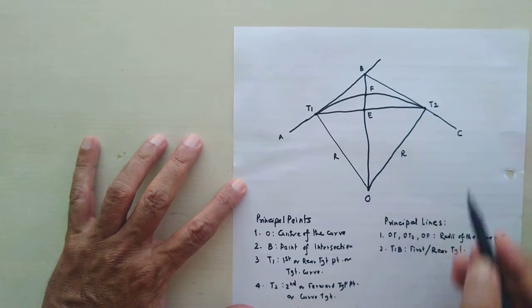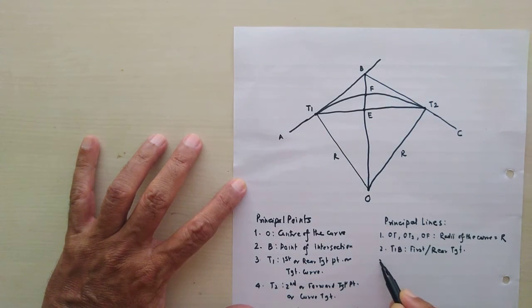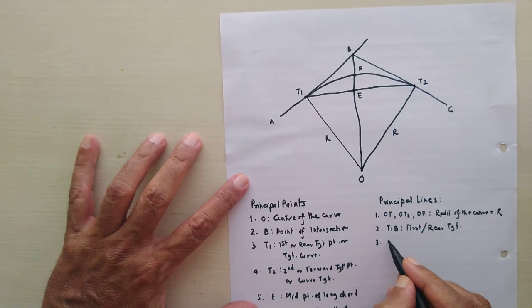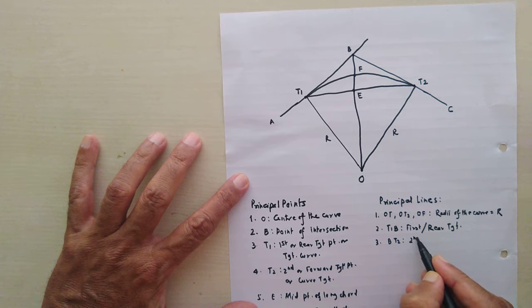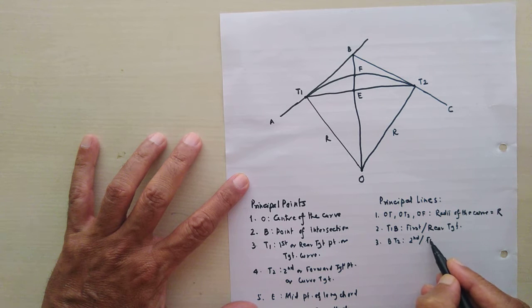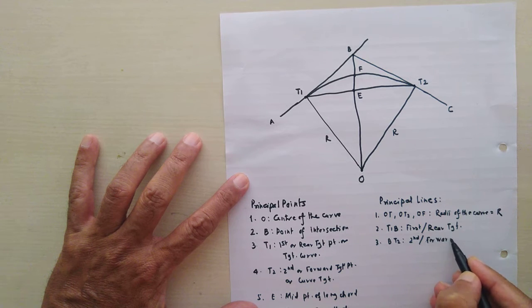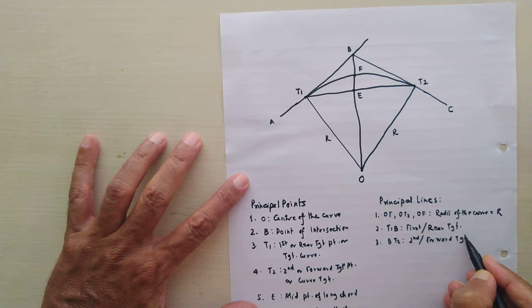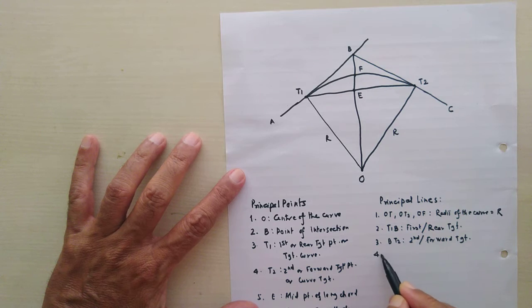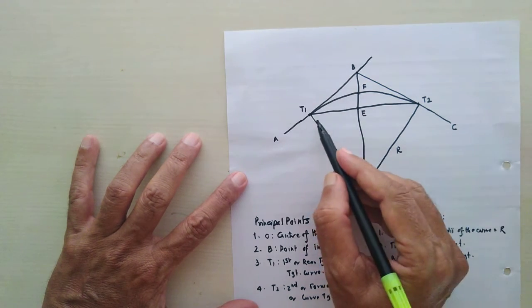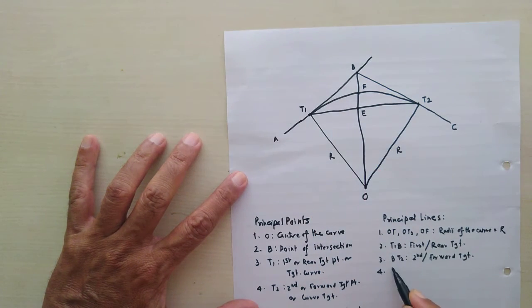Now the third principal line is BT2. It is called the second or forward tangent. The next principal line of a simple circular curve is T1ET2.